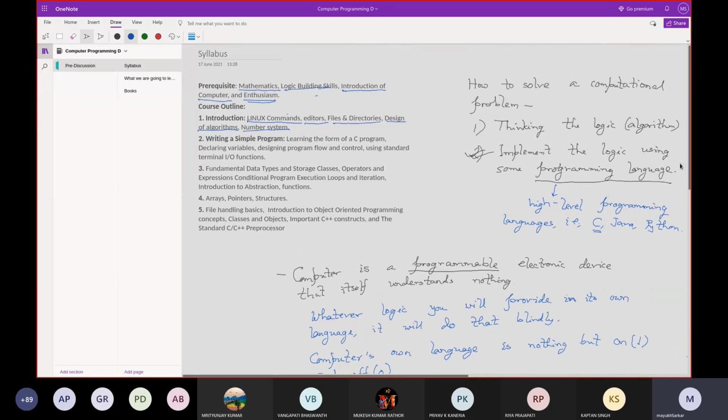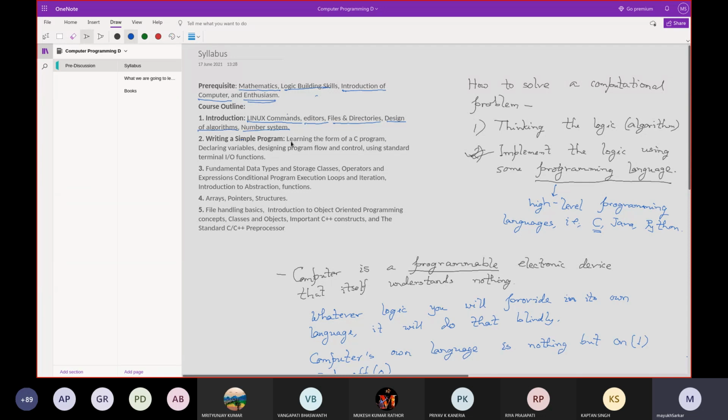If I give you a number, our brain will always try to read it in decimal. But computer does not know decimal. Computer knows only two digits, 0 and 1. Okay, decimal has 10 digits from 0 all the way up to 9. But computer understands only two digits, that is called binary number system. I'll discuss this in details. So to understand computer's language, you have to understand the binary number system as well. So that will be discussed.